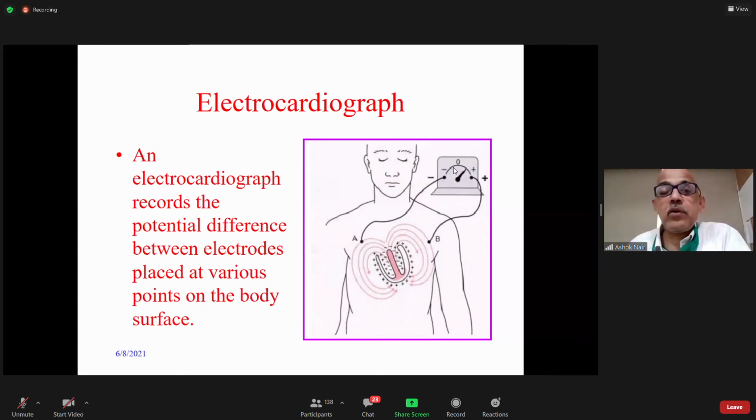So you have an electrocardiograph machine which records the potential difference between two electrodes. The body is a volume conductor.